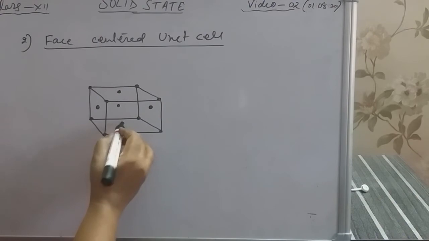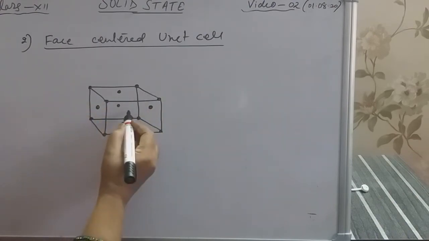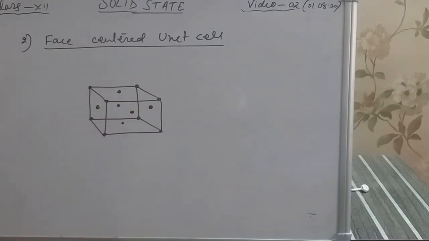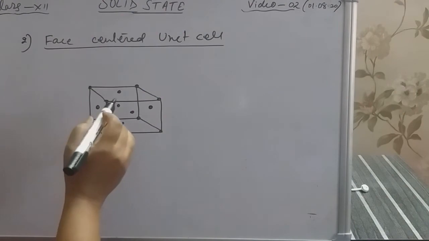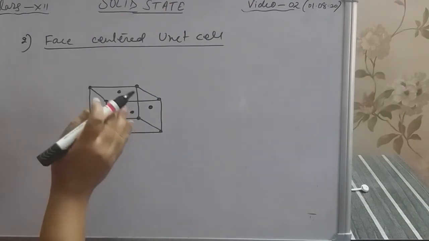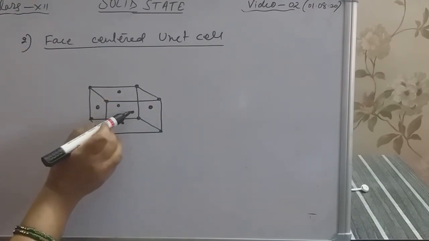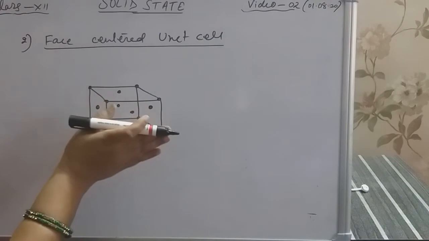Here the atom is present, and if this is from each side, it is just at the center of this. So all the faces in which atoms are present. The contribution of an atom at the face: just place one unit cell here, so half in this unit cell and half in this.